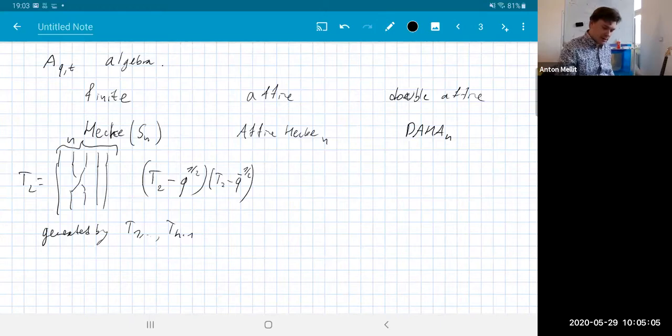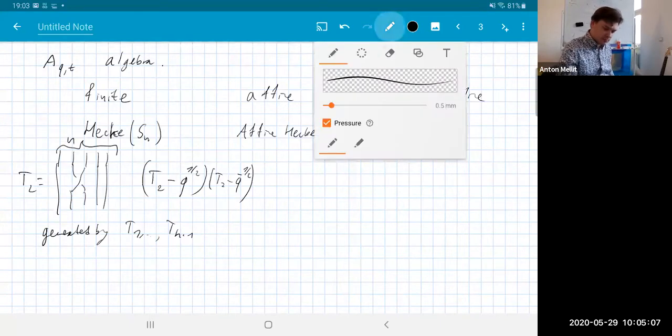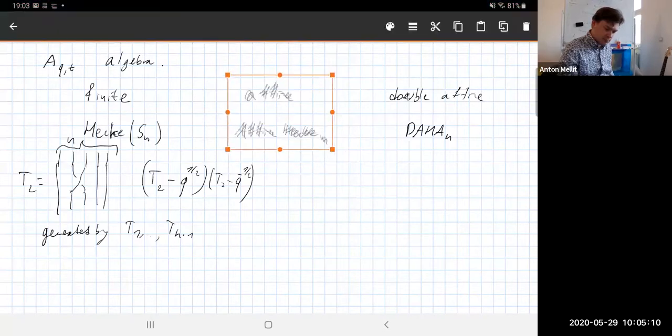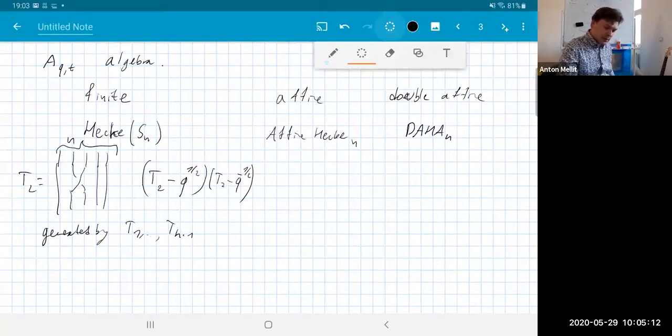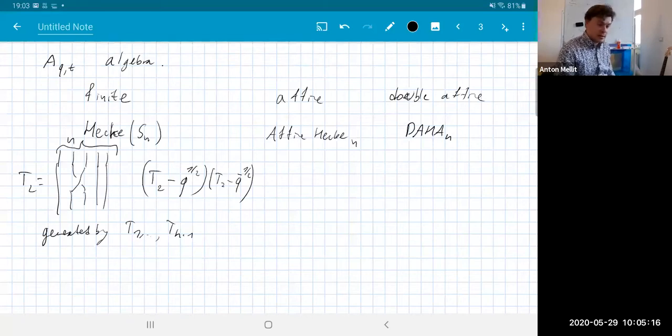Now, what is the affine Hecke algebra? You now consider braids on the annulus. So you still have some braids. One way to draw the annulus is by identifying the left wall to the right wall. So now you have things like this.